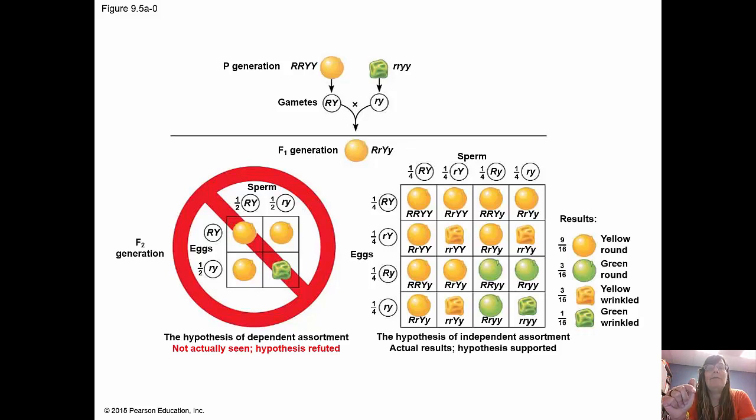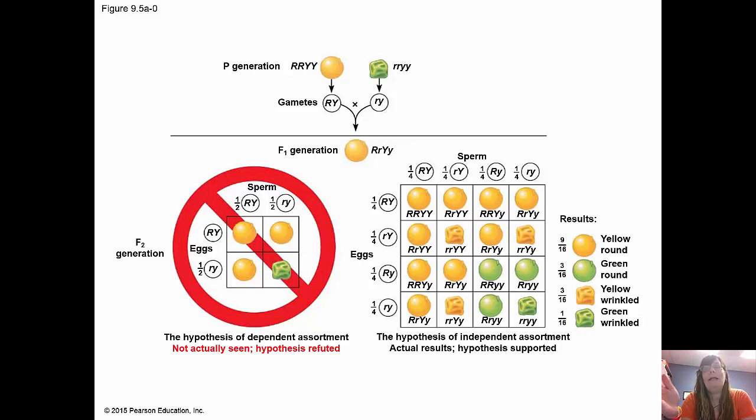The second row, that first one, again, round yellow, because you have a dominant round and a dominant yellow. That second box in the second row, though, is wrinkled yellow, because you have 2 recessive wrinkled, and then the dominant yellow.